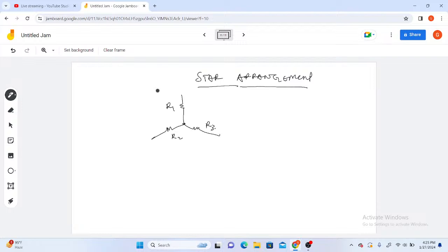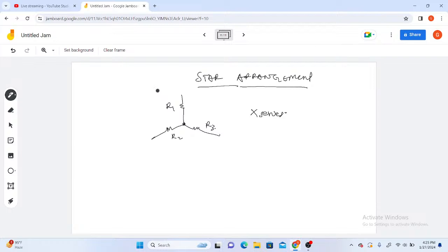With this arrangement, there is a node here, so none of them can be in series. And you can't say any two of them are in parallel, because it's just an open circuit here. So this is what we call the star arrangement.